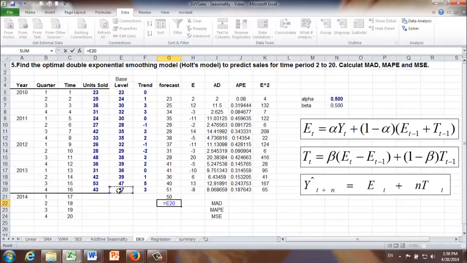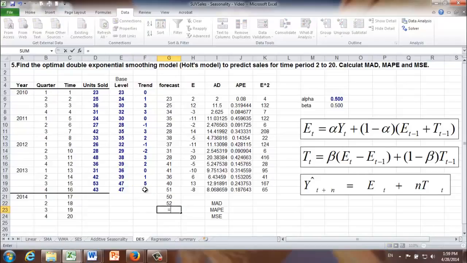We want Y18 hat, but the most recent base level we have is E16. So t is equal to 16 and t plus n is equal to 18. As a result, n is equal to 2. E16 plus 2 times, once again, the most recent trend we have, T16.